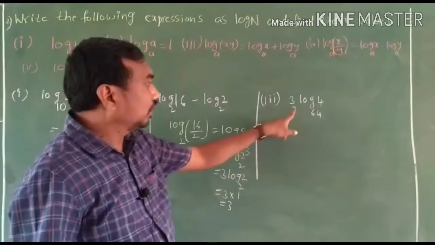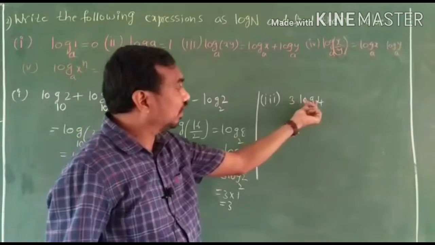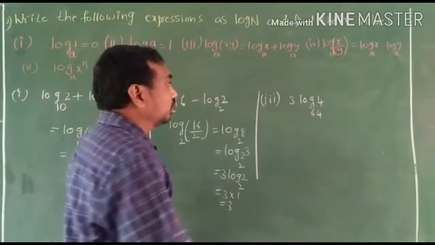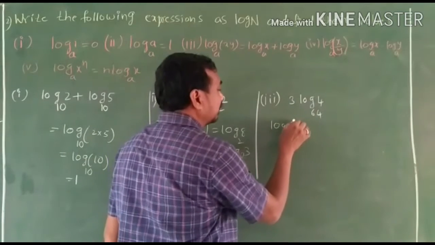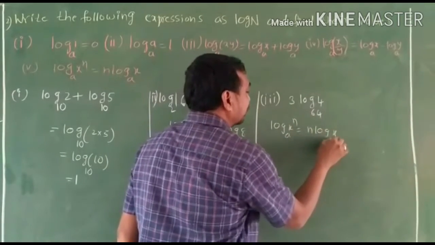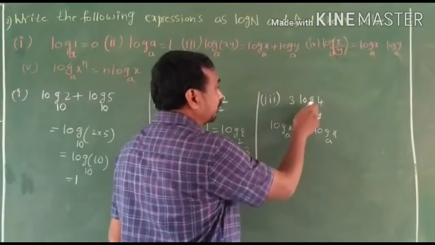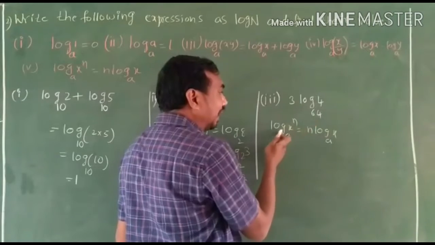Now this is already in the power formula, 3 log 4 base 64. So we know the power formula, that is log x power n to the base a equal to n log x base a. Now this problem is in the form of RHS. We need to convert this one into LHS.